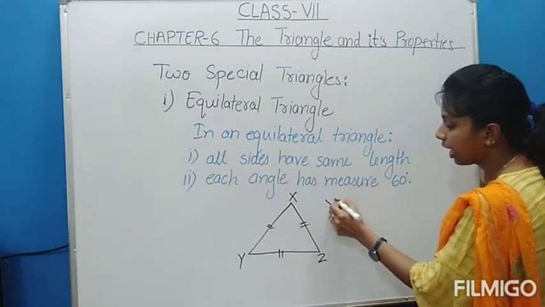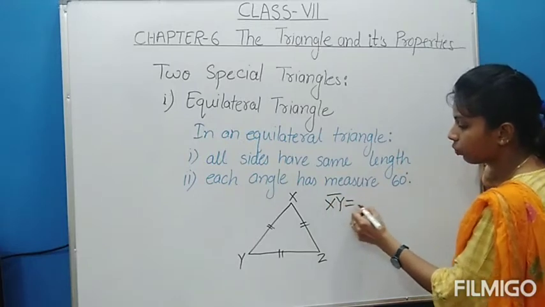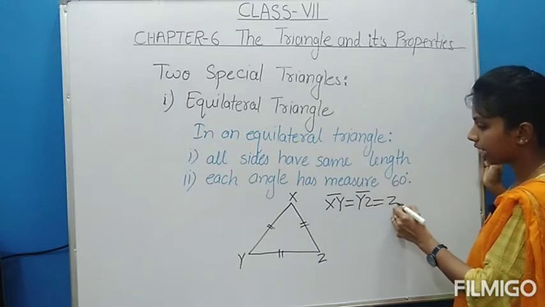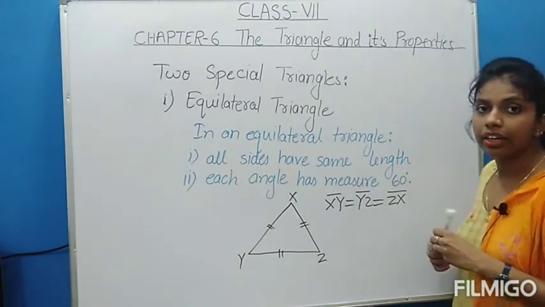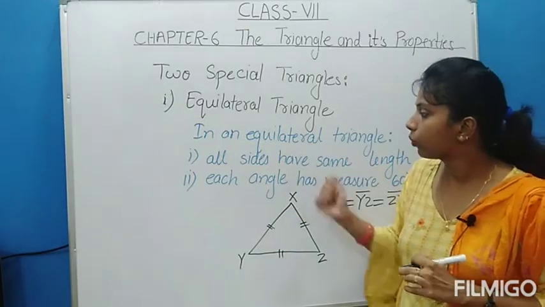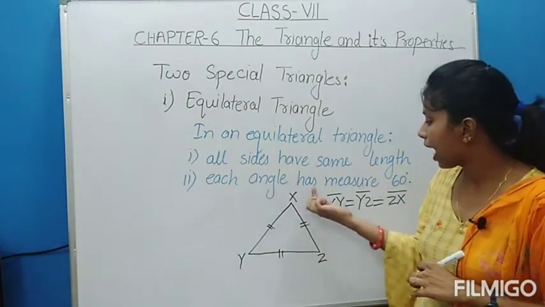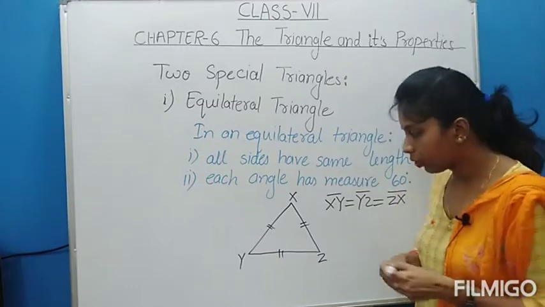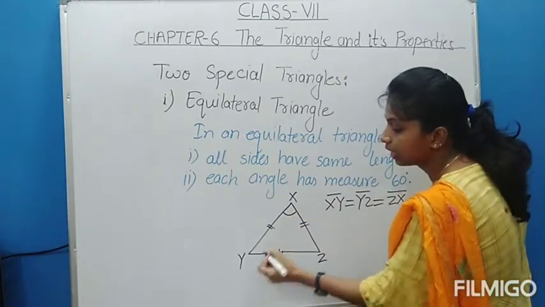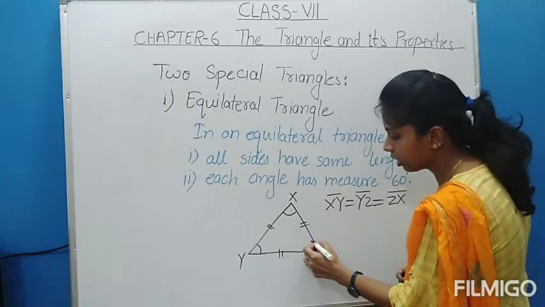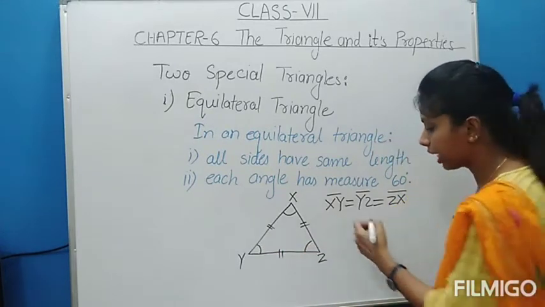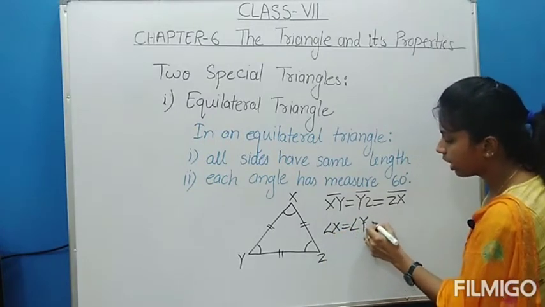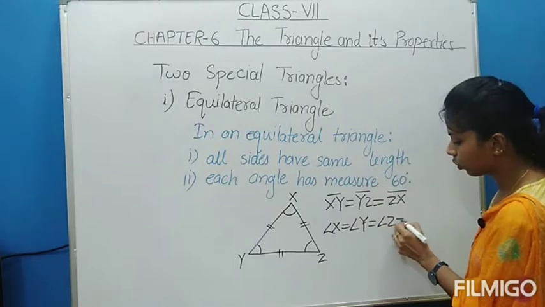And according to the second property, each angle has a measure of 60 degrees, means all angles are equal to each other: angle X is equal to angle Y is equal to angle Z is equal to how much?